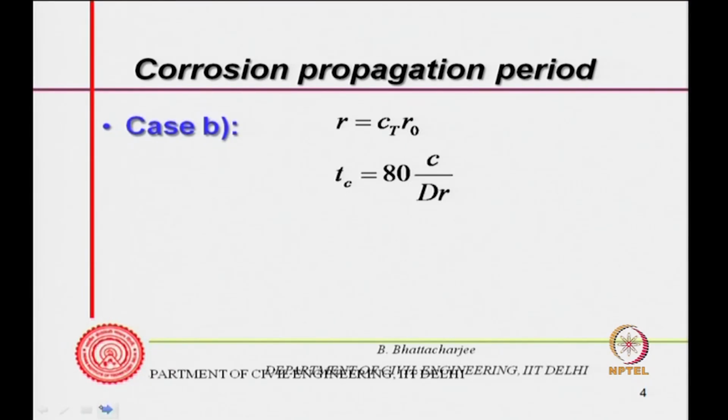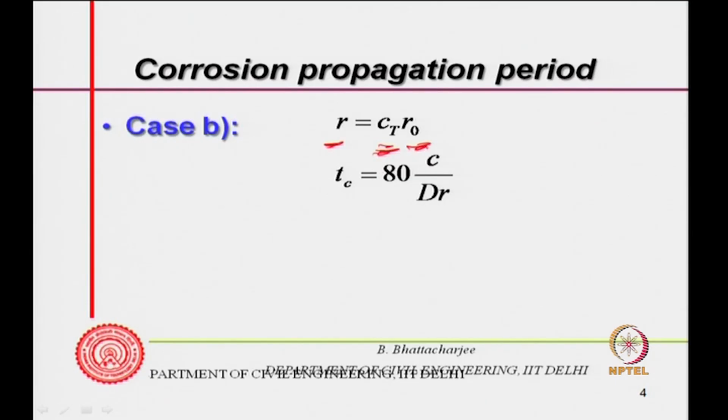Case B was related to delamination, and in this the rate can be related to CT into R0. In fact, this is empirical. CT is a factor for temperature. We will look into the values of CT.